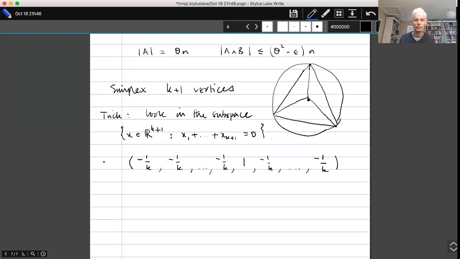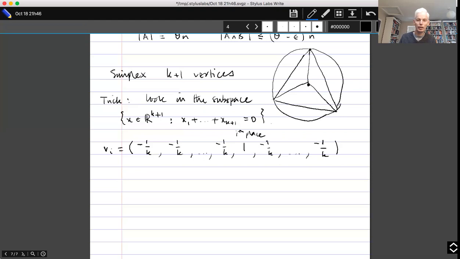So they all do belong to this subspace. Let's write vi equals that when this 1 is in the ith place. Now let's have a look: if i does not equal j, then we get that vi dot vj is, well, there'll be a minus 1 over k times minus 1 over k, k minus 1 times.